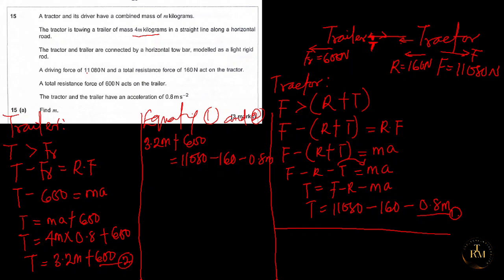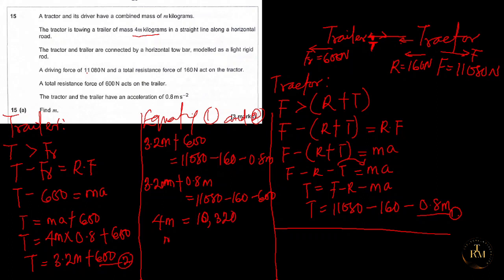So we collect like terms now. The m's come together, so I have 3.2m plus 0.8m equals 11,080 minus 160 minus 600. And 3.2 plus 0.8 gives me 4m equals 10,320.